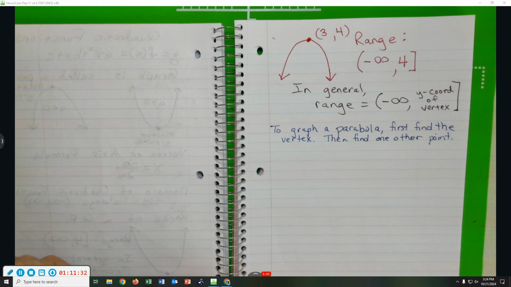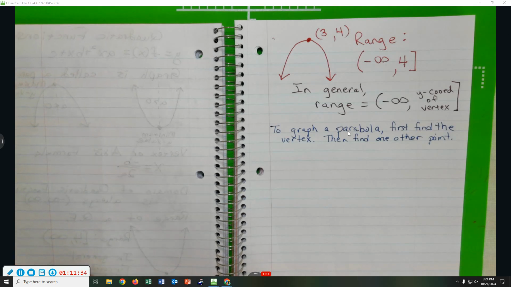So my advice to you, once you find the location of the vertex, choose your other x value within 2 units of the vertex. There's no rule. It's just if it's going to fit on the graph. You don't want to wind up with a y value of 100 when there's no 100 on your graph.